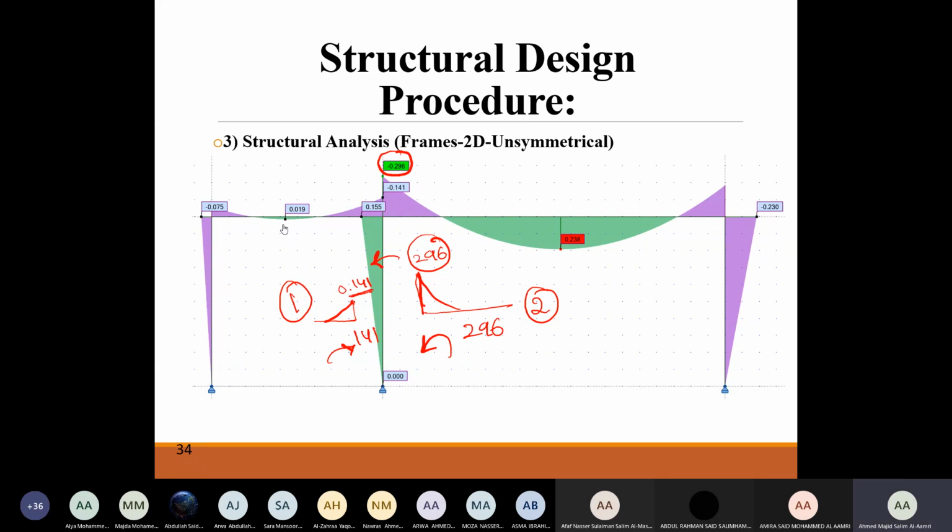Are we clear? How much is the value? 296 minus 141 is going to give you 0.155. Clear?